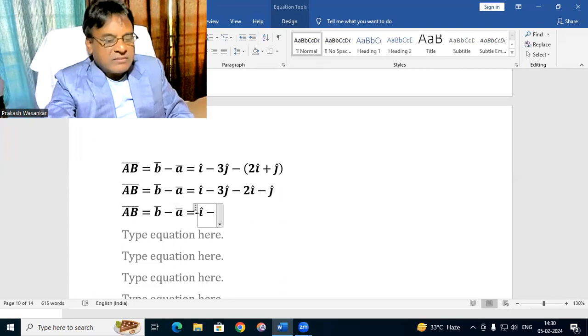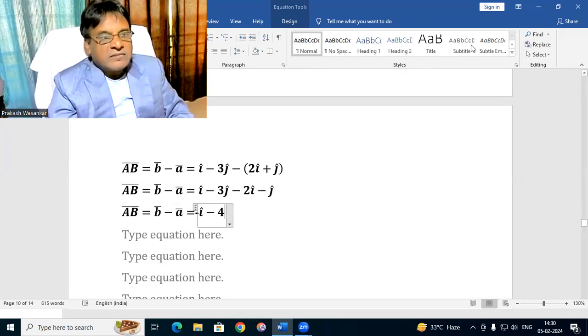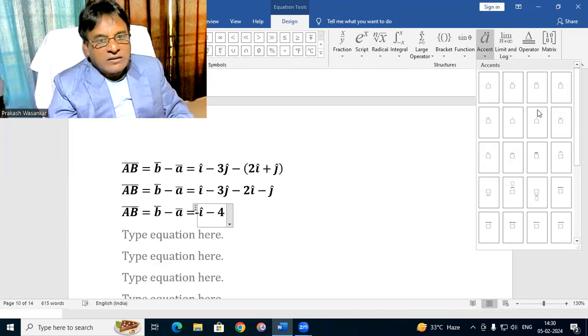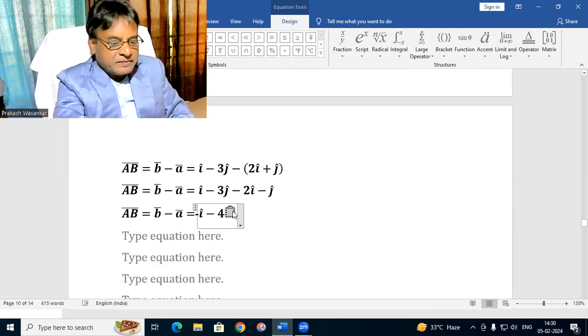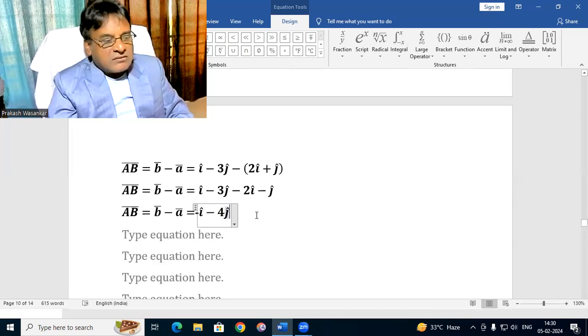Here j is the unit vector along the y-axis. This is our B bar minus A bar.